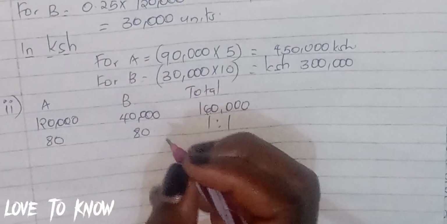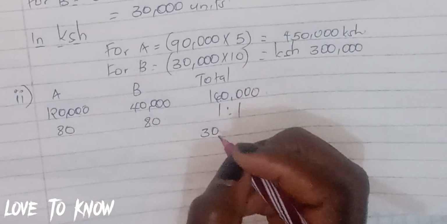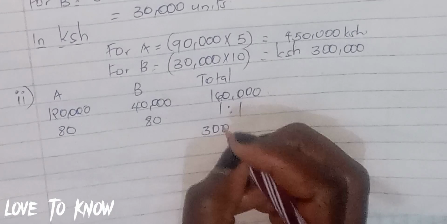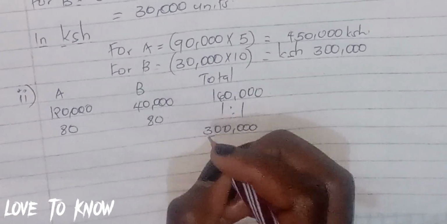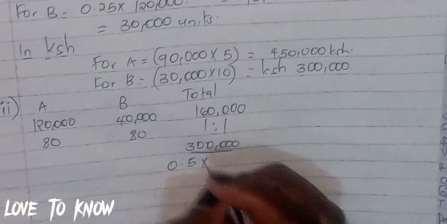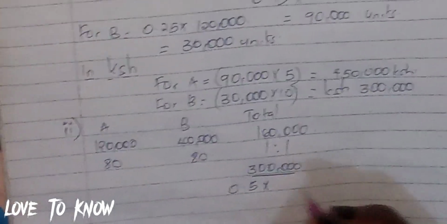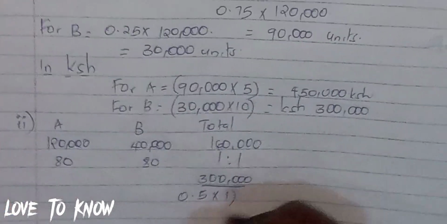After that, we will take our total fixed cost, that's 300,000. We divide it by this ratio 1:1, that's 0.5 for each product, multiplied by the contribution. The contribution didn't change.